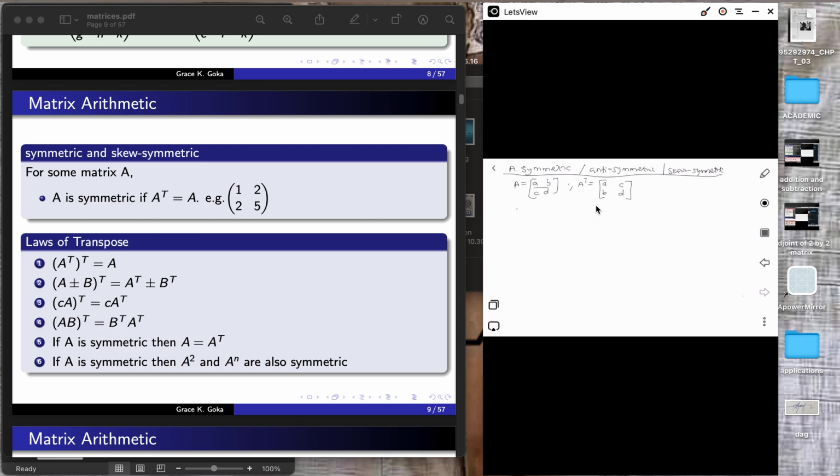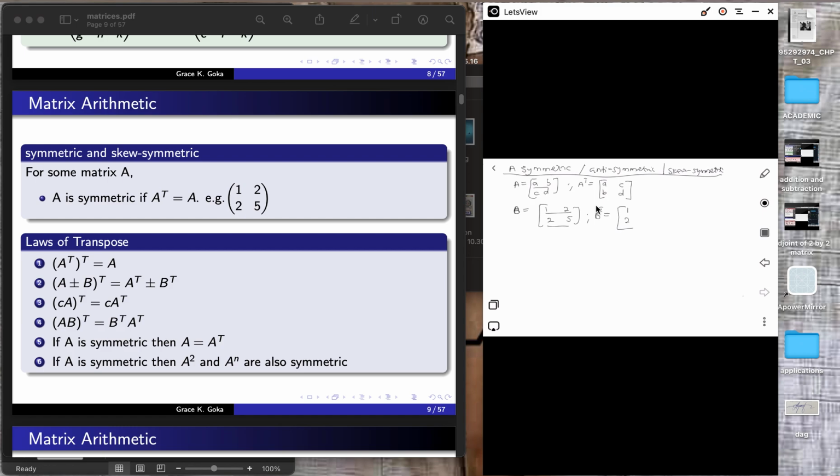Now, if I have a matrix B, which is equal to 1, 2, 2, 5, then B transpose is equal to, I pick the first row 1, 2, which becomes column 1, 2.